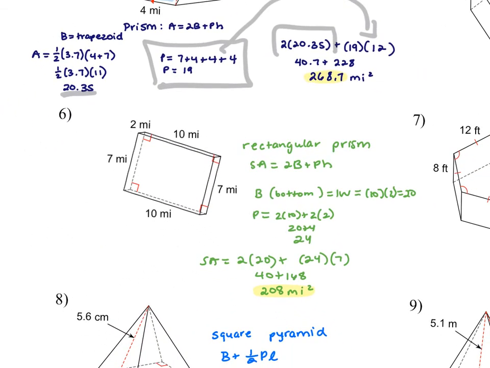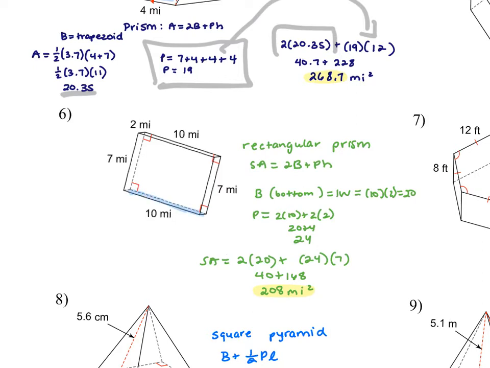This is a rectangular prism. Now, when it's a rectangular prism, it doesn't matter what you decide is the base. So some people might have set up their base differently, but as long as you get the 208 for the total surface area, that was fine. My base here was set up as the 10 by 2, so pretty much what it was sitting on.